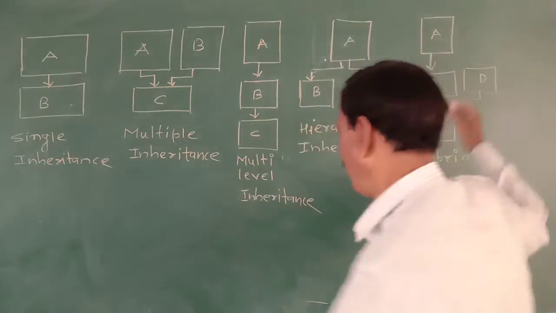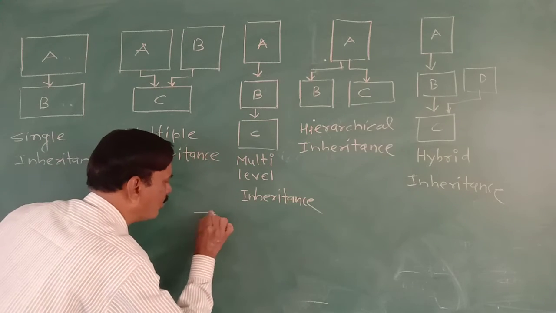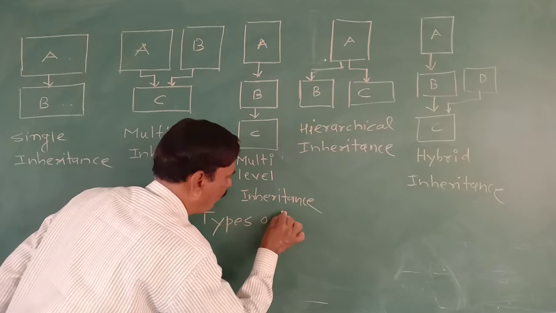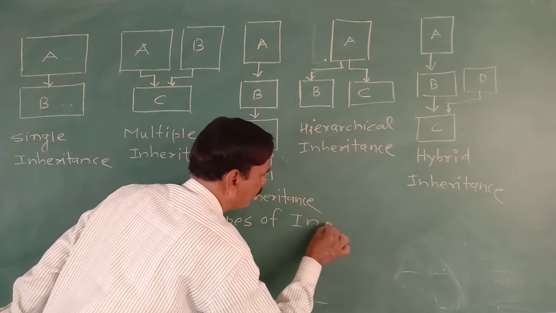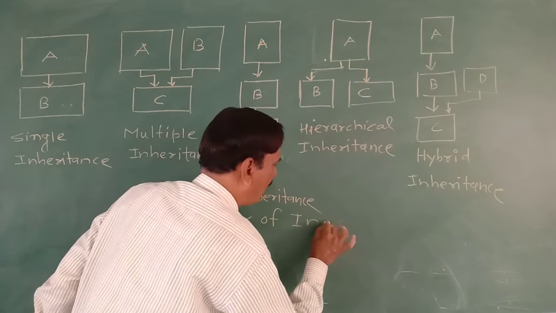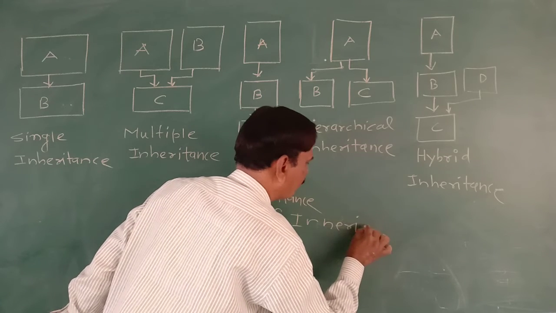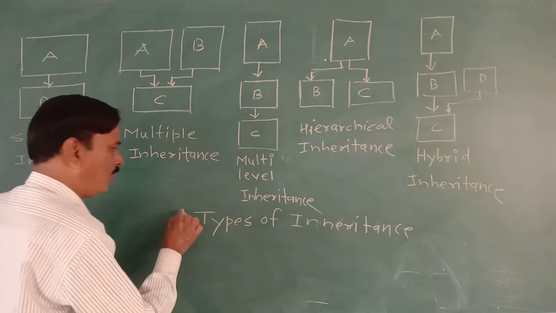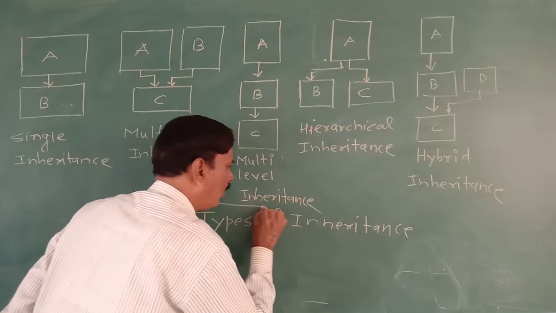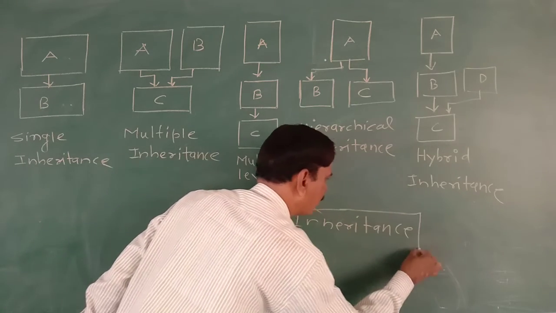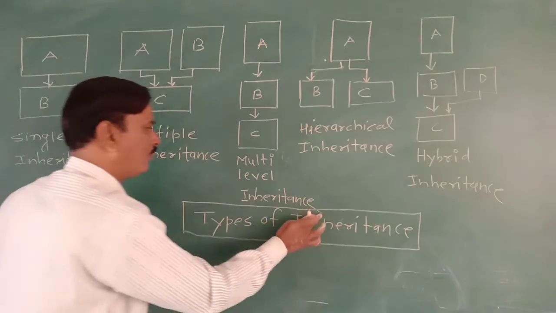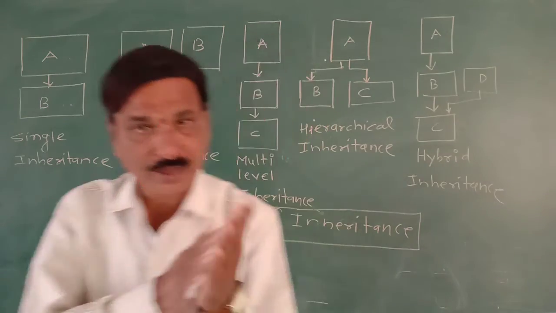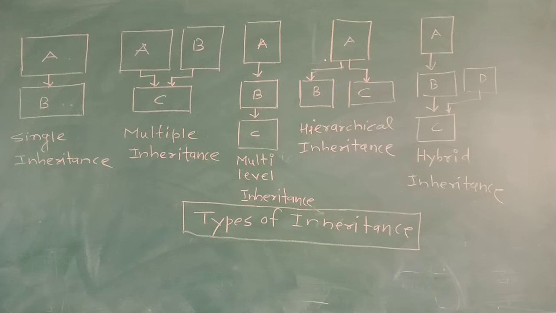So all these are called types of inheritance.